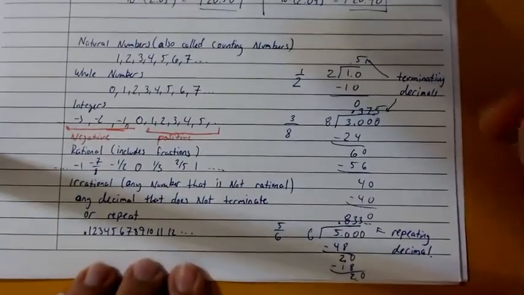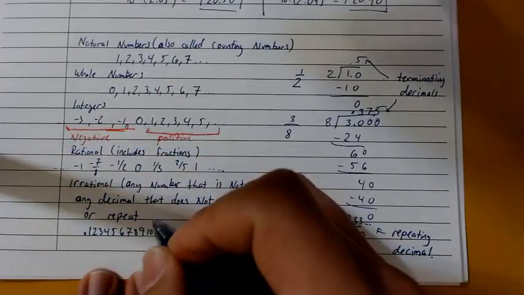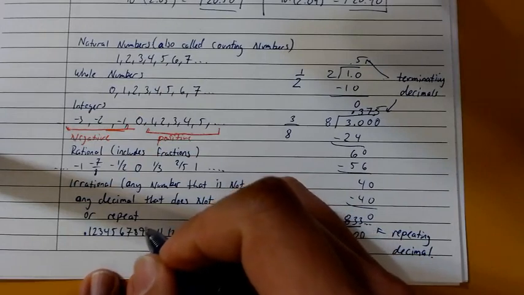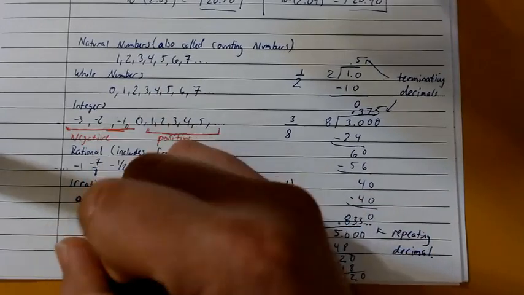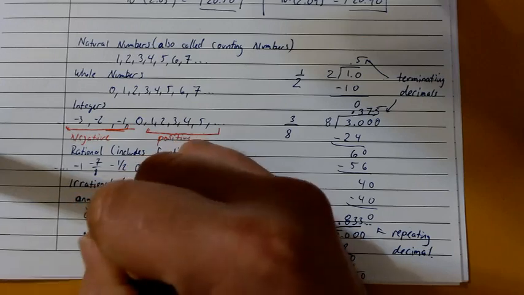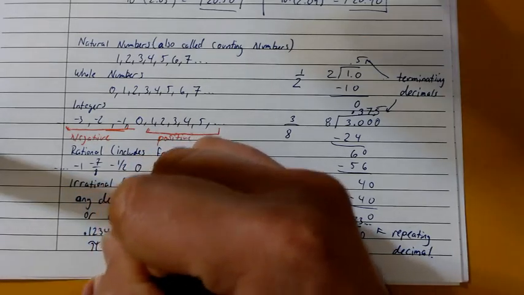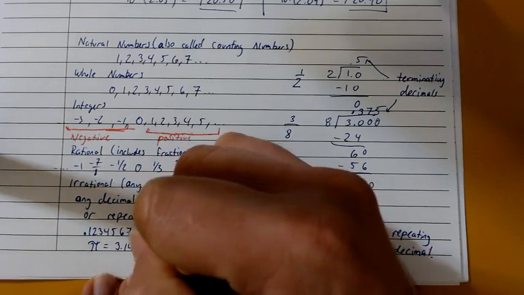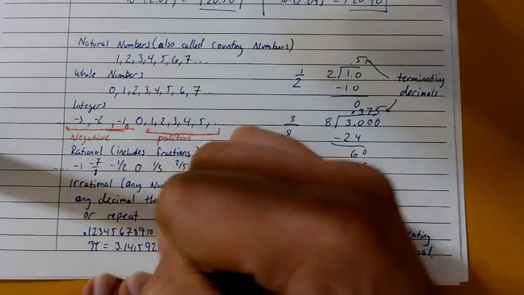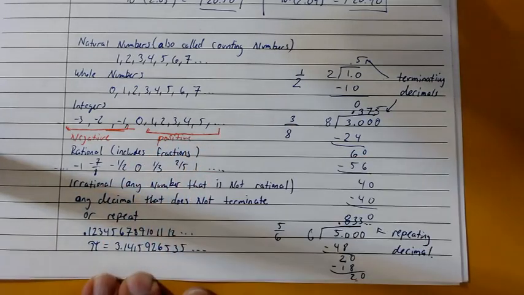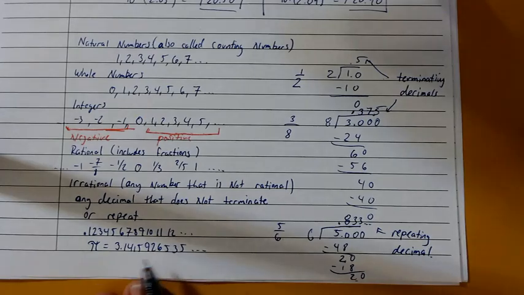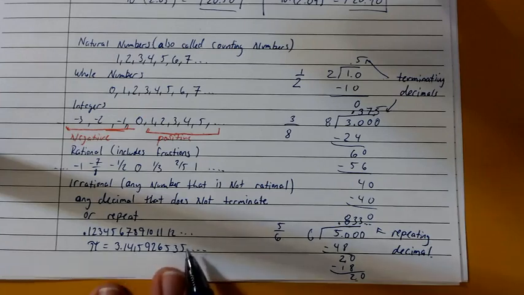Another example of an irrational number is one that we're all very familiar with from geometry. It involves the circumference of a circle, and that's the number pi, which is 3.141592653, and so forth and so on. It's actually kind of complicated to prove that, but it is true.